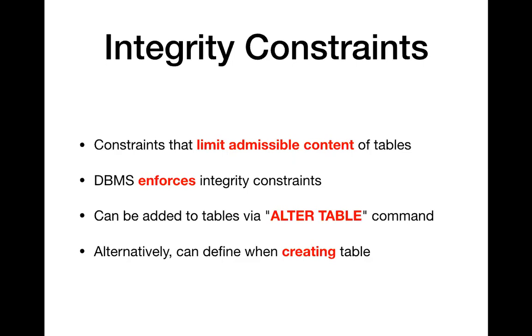So if you try to change the data in a way that violates one of those constraints, then typically the database system will tell you that the update cannot be done, or, as we will see later, there's also a possibility that the database system essentially tries to fix things itself, but in the most typical case, it would just tell you, no, this update is rejected because it violates one of those constraints.